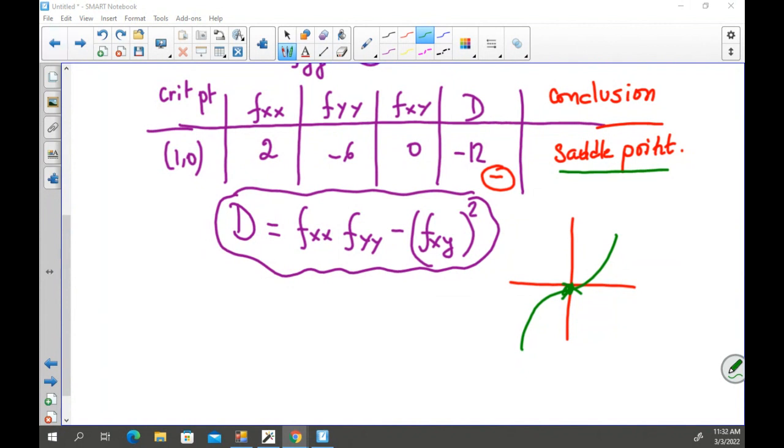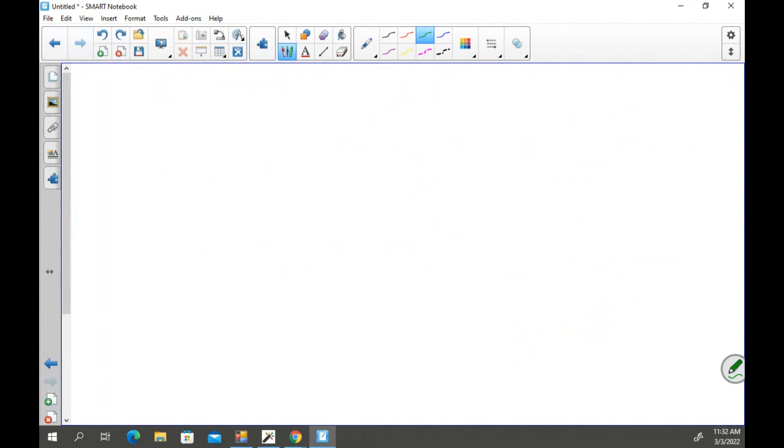Basically, when you deal with domains, there are fractions. When you have fractions, whatever is in the denominator should be not equal to 0, or different from 0.